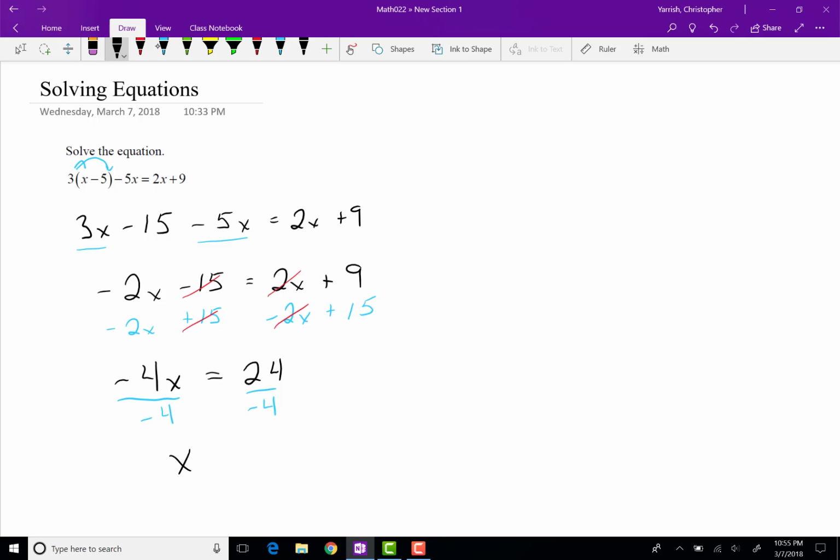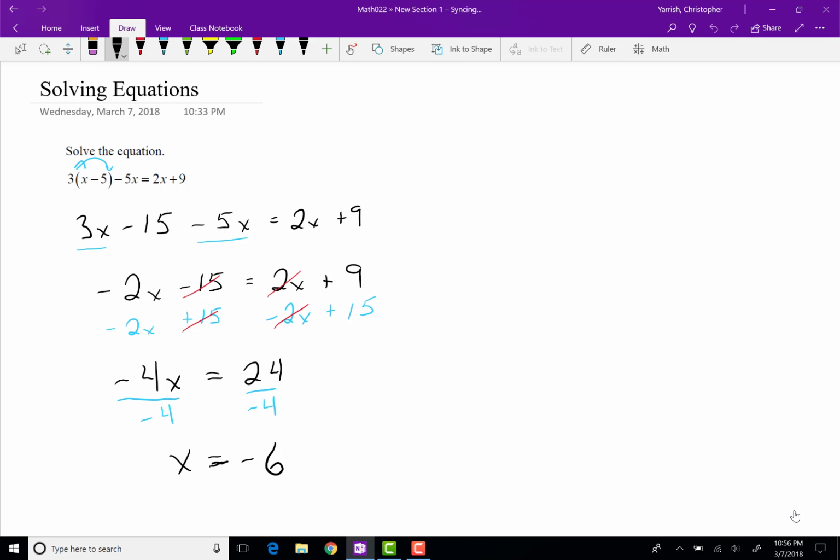So on my left-hand side here, I'm left with an x. On my right-hand side, I have 24 divided by negative 4. That's a negative 6. So it looks like negative 6 is the solution to this equation. That is the value of the variable that makes it true.